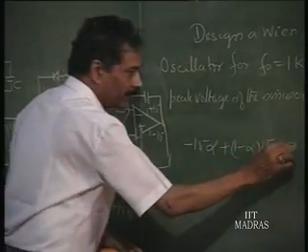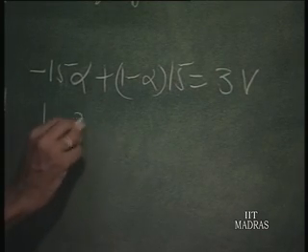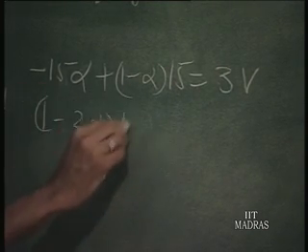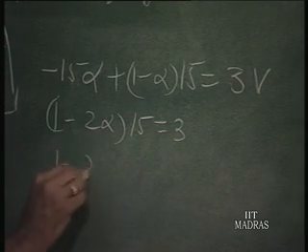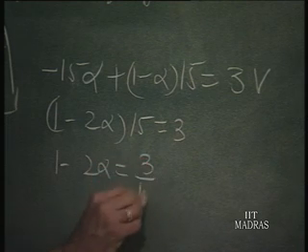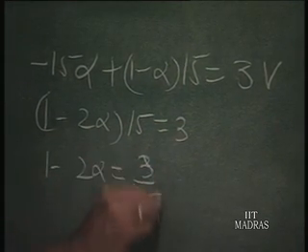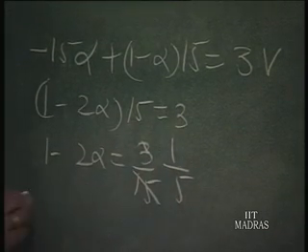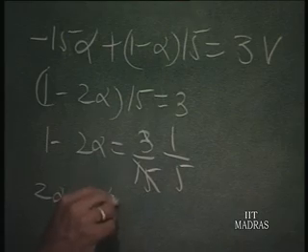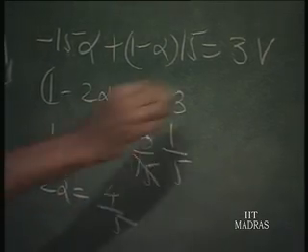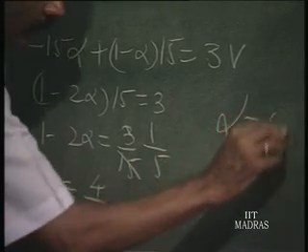That should be equal to 3 volts, which is nothing but 1 minus 2 alpha into 15 equal to 3 volts, or 1 minus 2 alpha is 3 by 15, which is 1 by 5. So, 2 alpha is equal to 1 minus 1 by 5, which is 4 by 5, and therefore, alpha is equal to 4 by 10, which is 0.4.